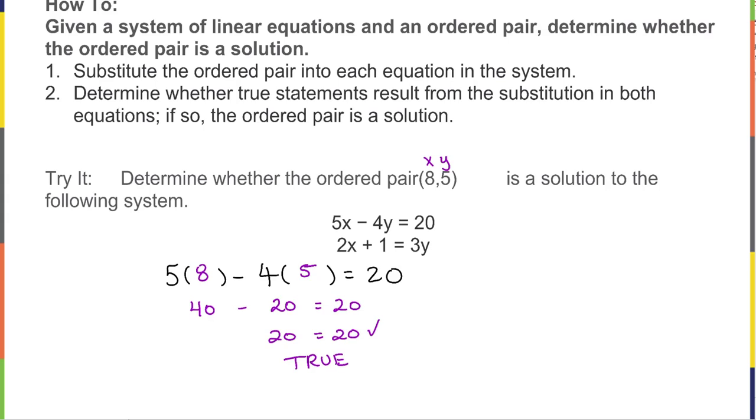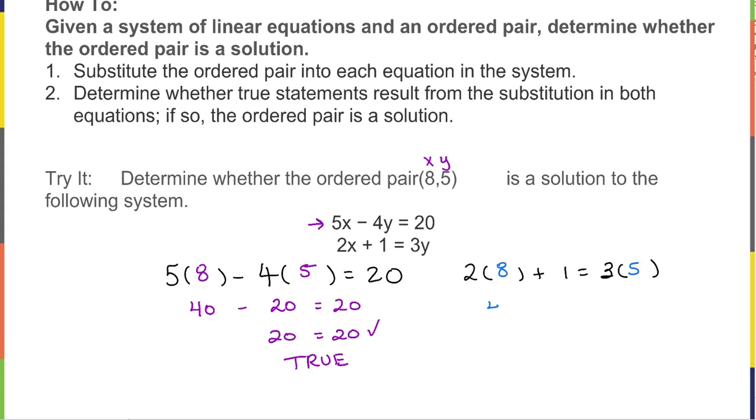Okay, so it is the solution to this first equation, but what about the second equation? Is it the solution to it as well? So we have 2x plus 1 equals 3y, and instead of the x, I'm going to put in 8. Instead of the y, I'm going to put in 5.